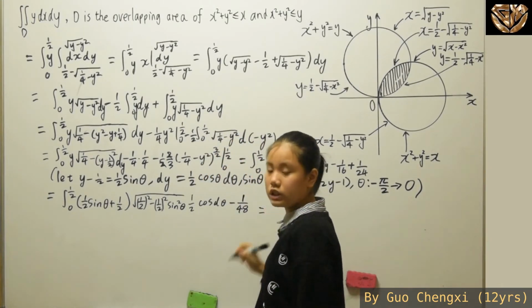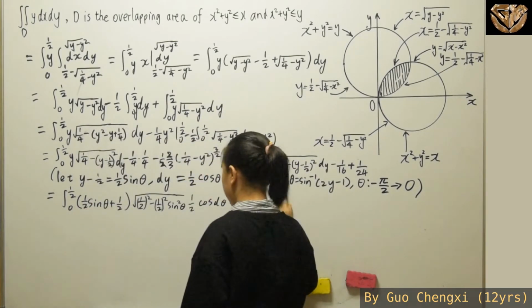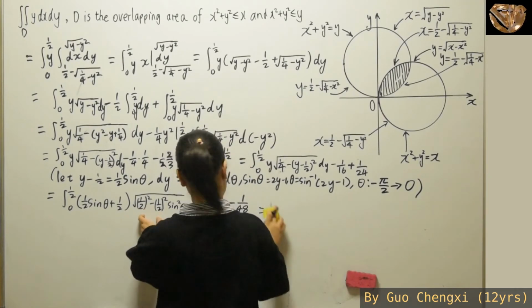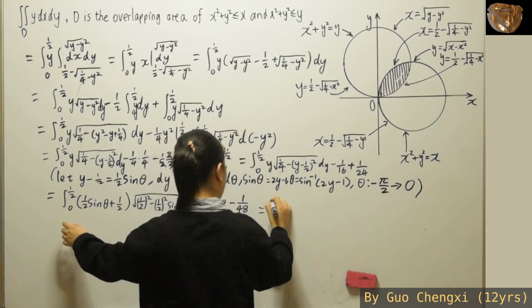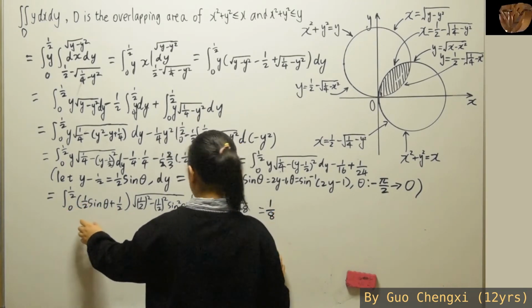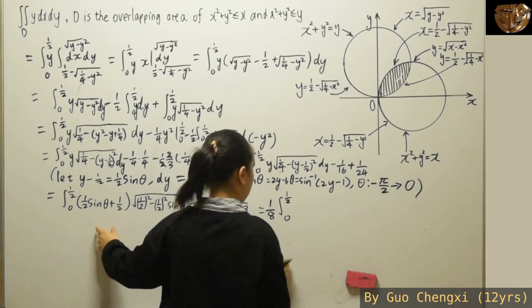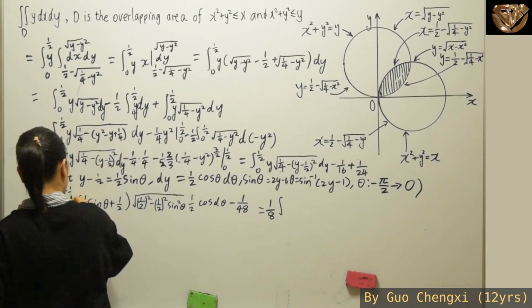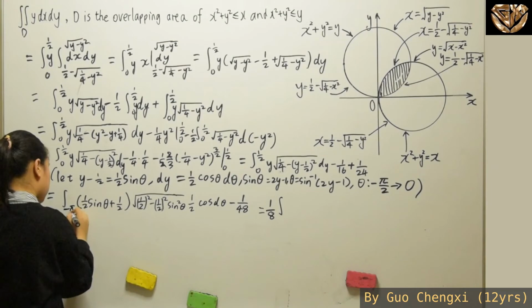Okay, so now that you have gotten this part, next you can take out a half from this part, and then you can take out this half square from this part, you're going to get a half, and then you can put this half out, you're going to end up with a 1 over 8. And then integrate from negative half pi to 0.